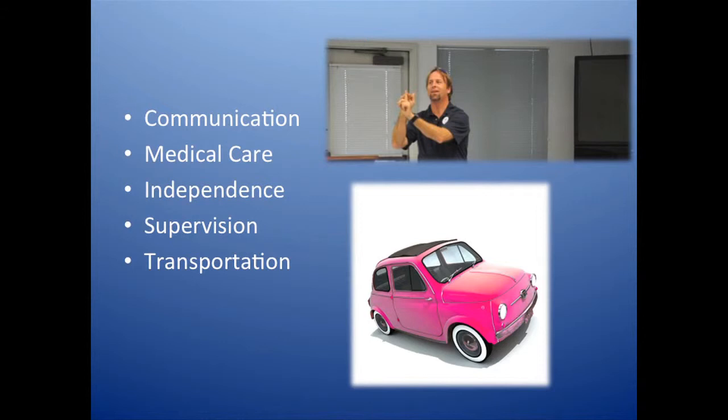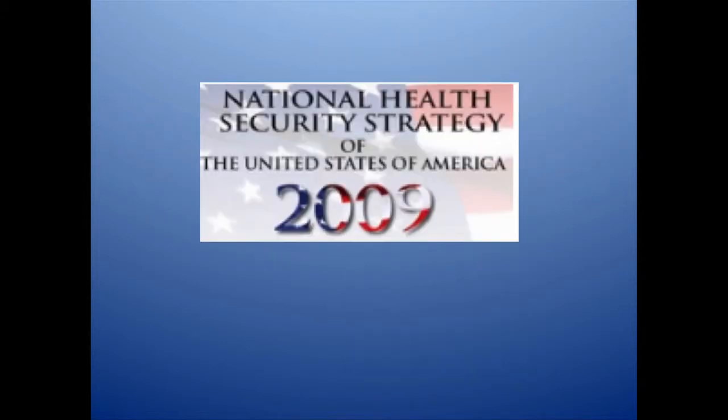Another component of the PAPA Act is the National Health Security Strategy. It's a comprehensive strategy that focuses on strategic objectives and operational capabilities that are necessary for protecting people's health in a large-scale incident. It includes such things as disease outbreaks, biological, chemical, and radiological agents, and other public health emergencies.